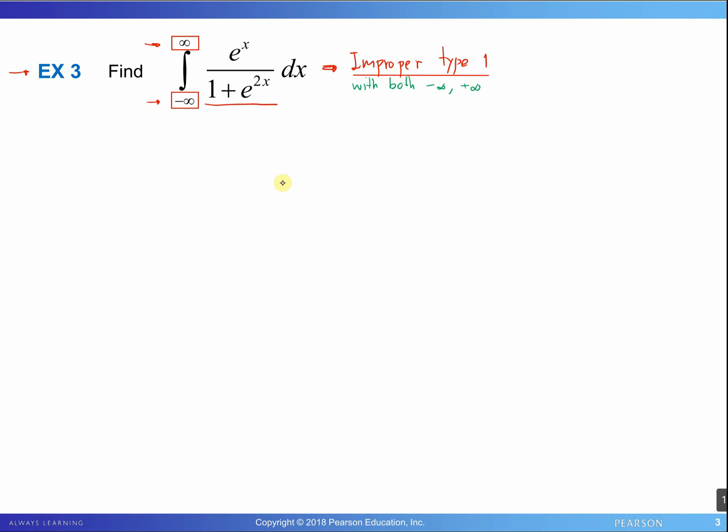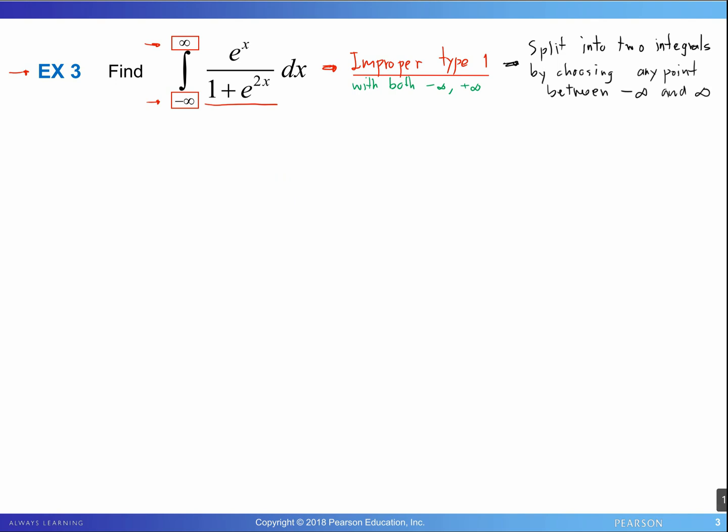And this is what we do. We split this integral into two integrals by choosing any point between negative infinity and positive infinity.